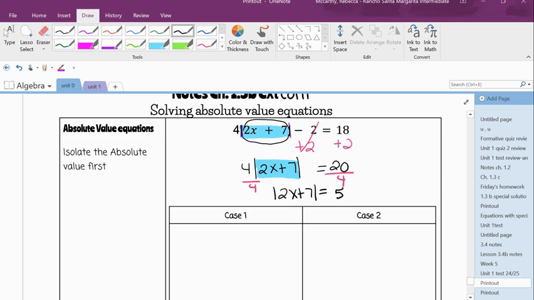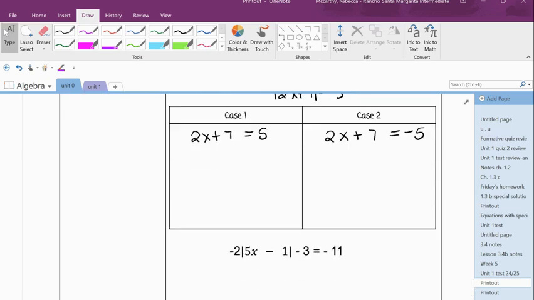Now I'm going to account for my two cases. Case 1 is 2x plus 7 is equal to 5, and my negative case, 2x plus 7 is equal to negative 5. So now I'm going to solve them independently.